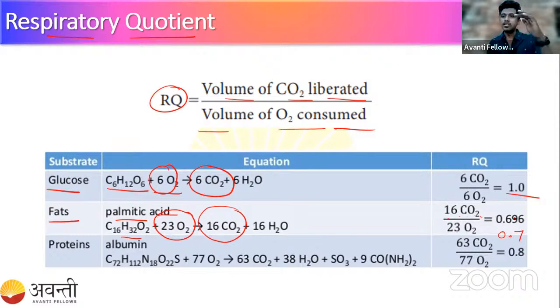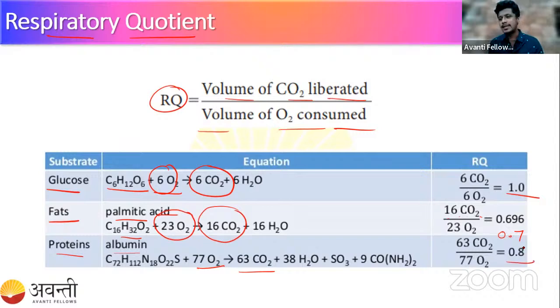Now, this shows that the respiratory quotient has decreased because we are using more oxygen and liberating less carbon dioxide during this process. Whereas if we take proteins, the example of protein that we are taking is albumin. The albumin protein consumes 77 molecules of oxygen and gives rise to 63 molecules of carbon dioxide. And eventually, what do we get as a respiratory quotient?